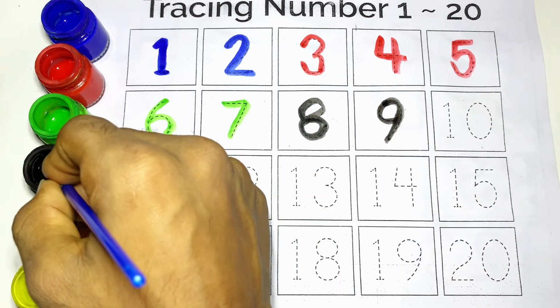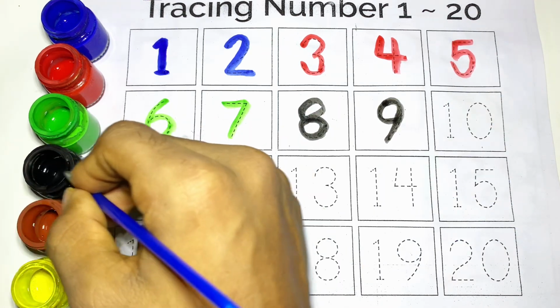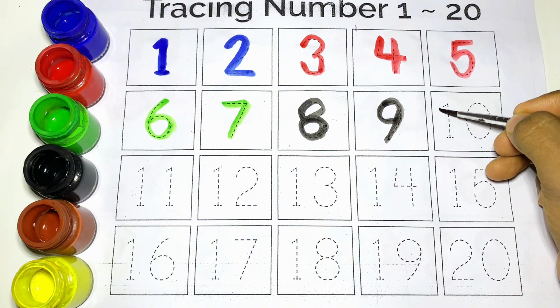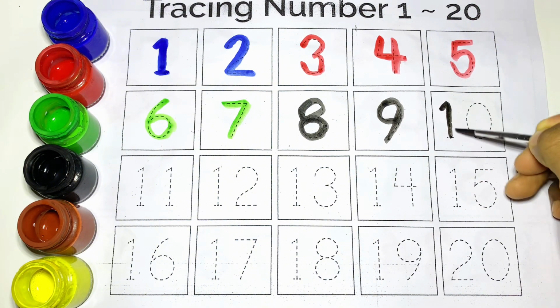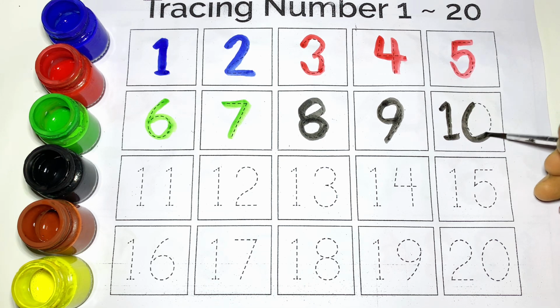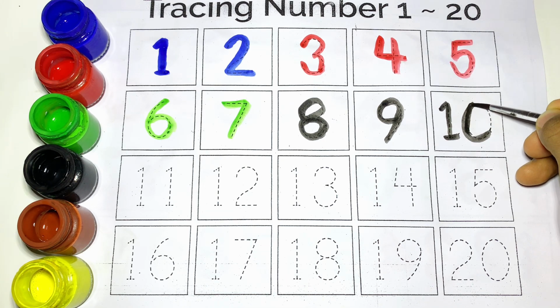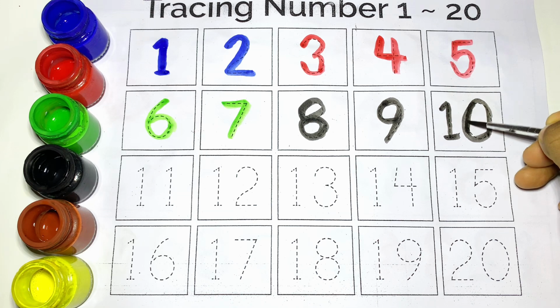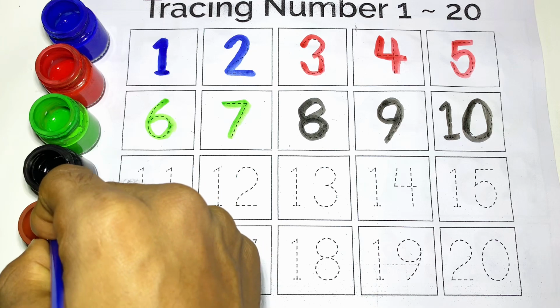Kids, now draw 10. The number 10, and again use black color. T-E-N, 10. Kids, now draw 11. The number 11, and use brown color.